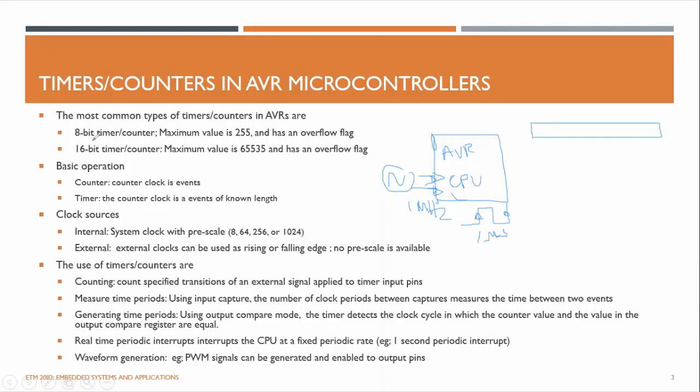For example, now the timers in AVR microcontrollers come in 8-bit and 16-bit. If I take an 8-bit one, this is bit number 0 and 1, 2, up to 7. From this CPU clock, you can take this clock pulse and assign it to the timer, because the timer is a separate hardware.